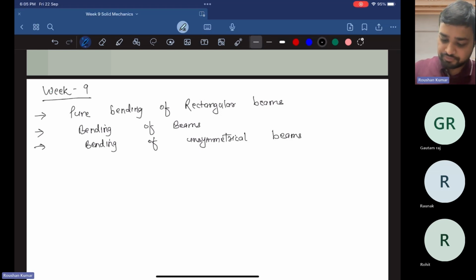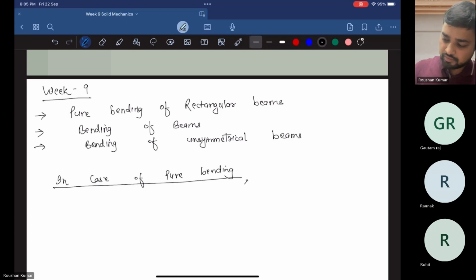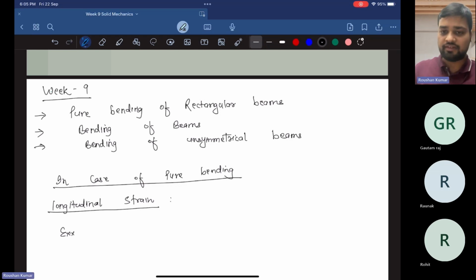So, longitudinal strain in case of pure bending: if the beam axis is aligned along the x direction, the longitudinal strain is epsilon xx, which is given by minus y upon r, where y is the position of the line element from the neutral axis.